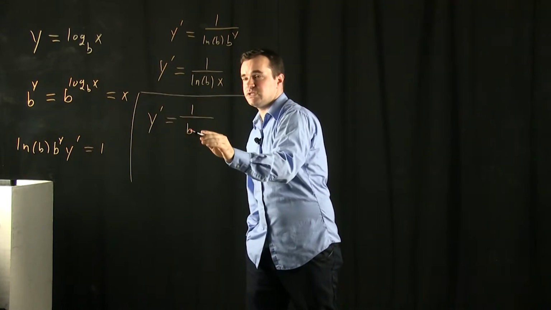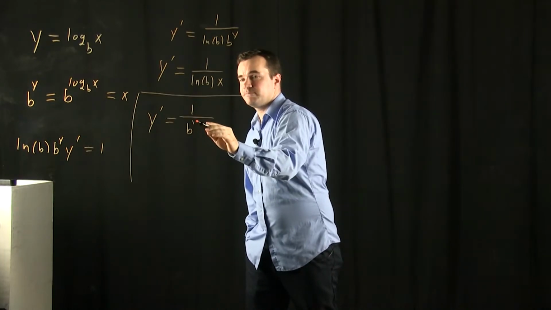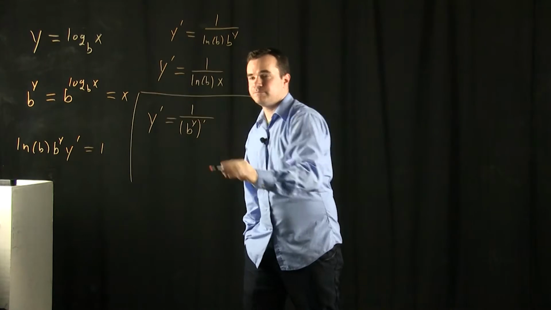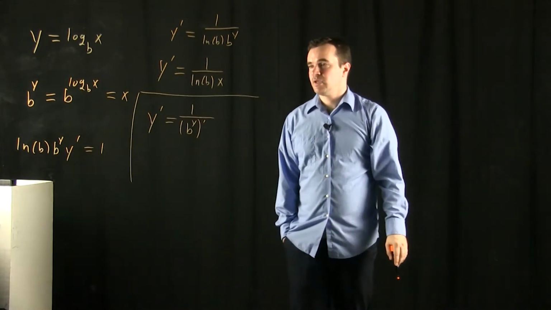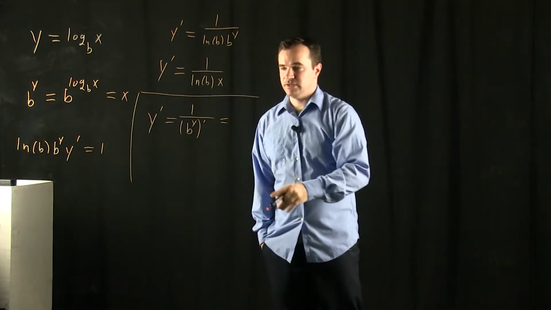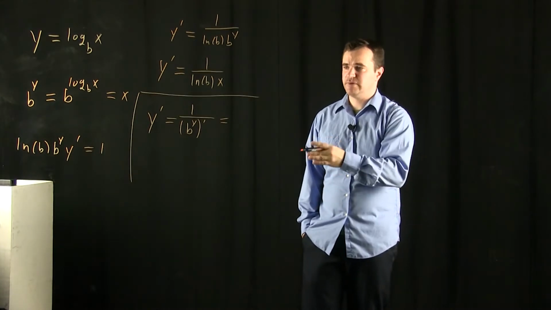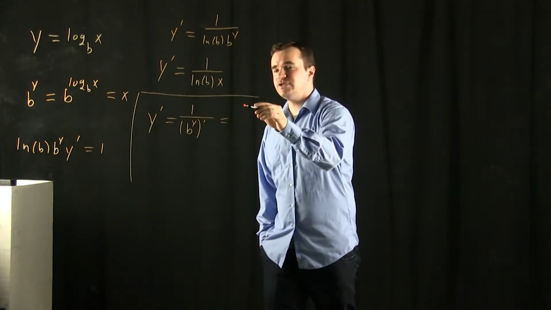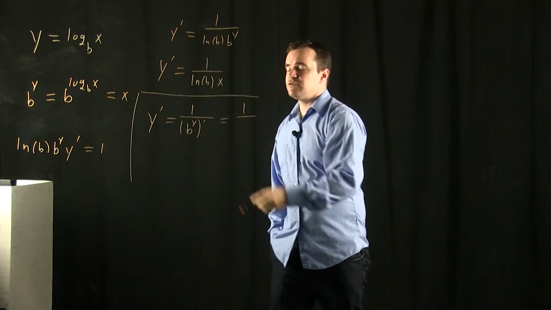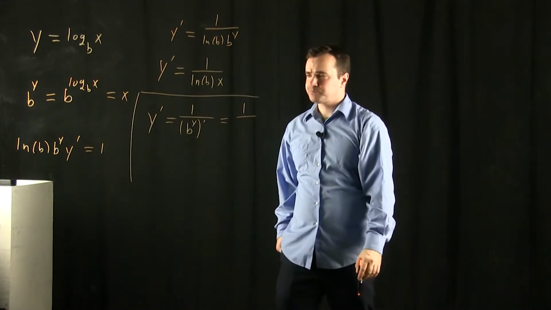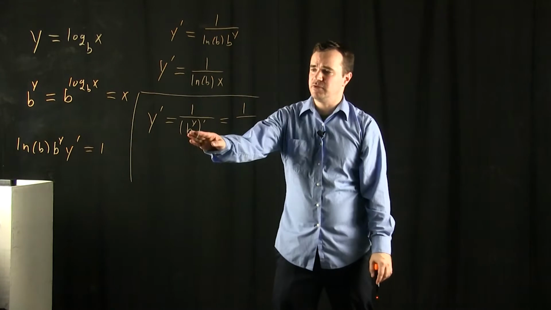And the inverse function is b to the y. That's something that's good to remember. It always helps you find the derivative of the inverse function no matter what. And then when you do this, either way, you end up needing to know the derivative of the inverse function.